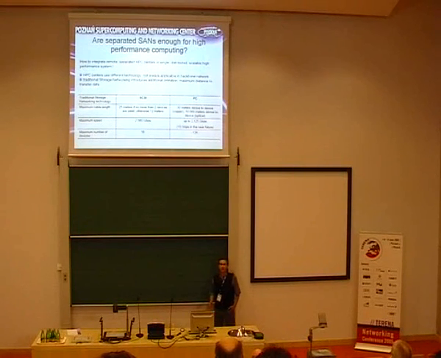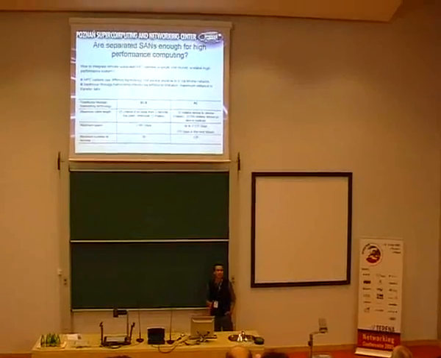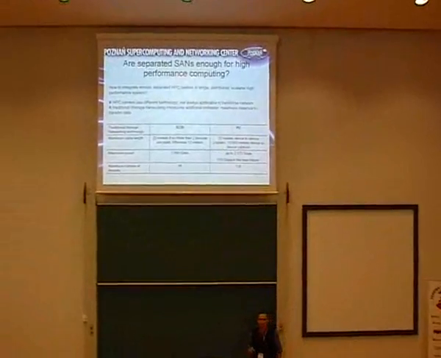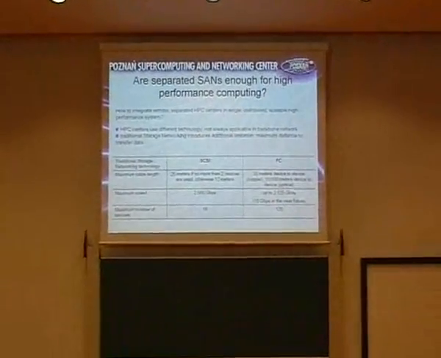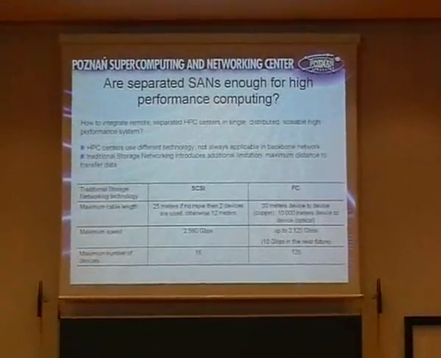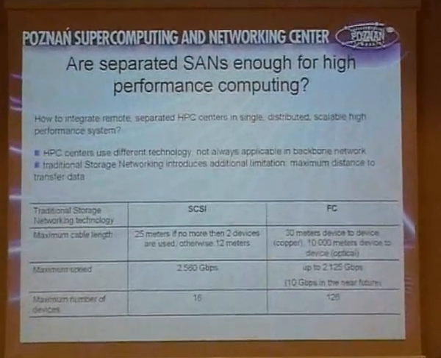This situation triggers the appearance of many high-performance computing centers with their own storage area networks. And here the question appears: how to integrate them in a single distributed, scalable, high-performance system? The construction of such systems remains in the focus of many research projects.